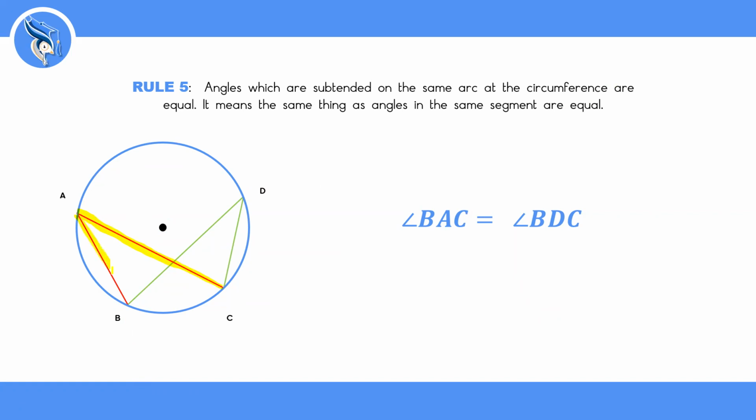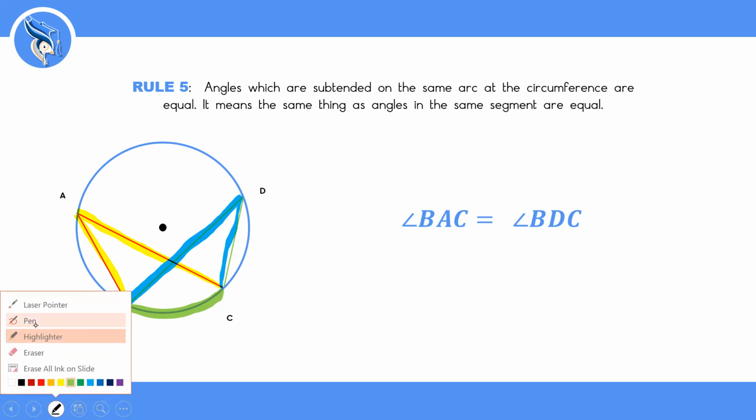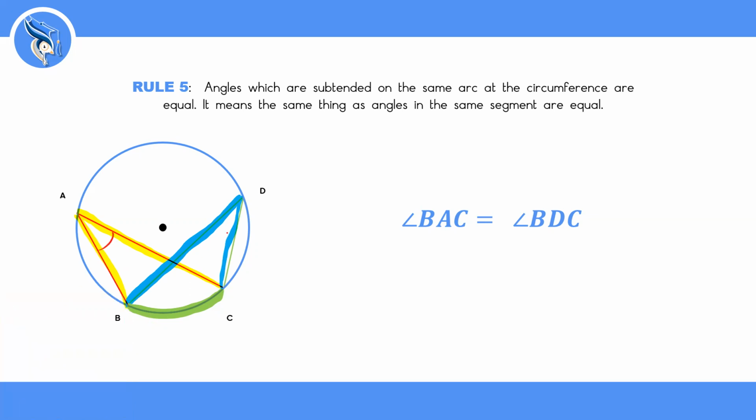The starting of both angles are on point B and point C. So they are actually subtended on the same arc. The arc is right here, so the arc is BC, right? They're all open on the same arc. They just look flipped, right? That's the only thing. But if you pay close attention, you'll realize that they open on the same arc.